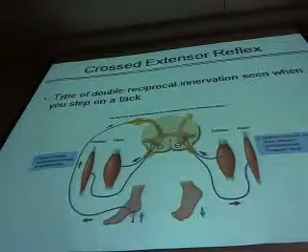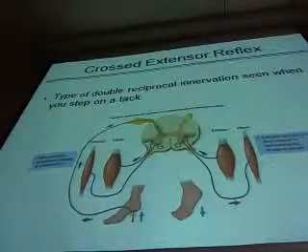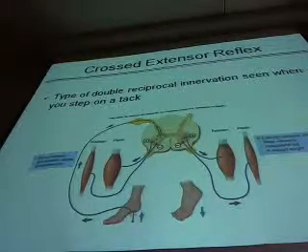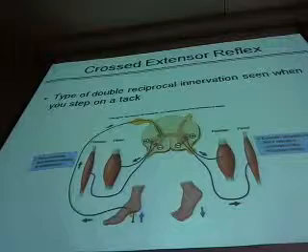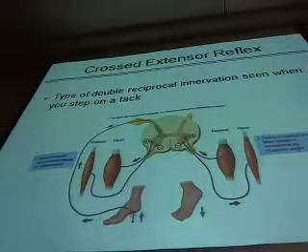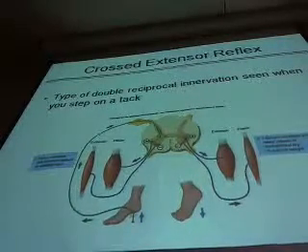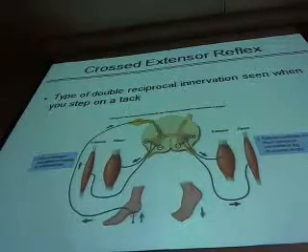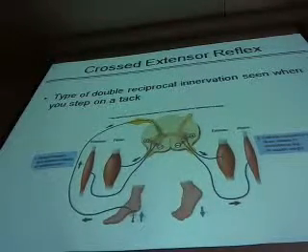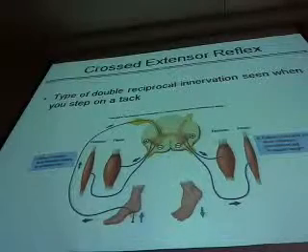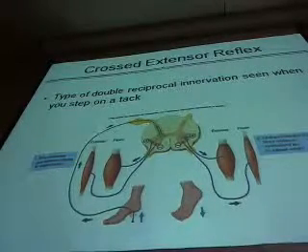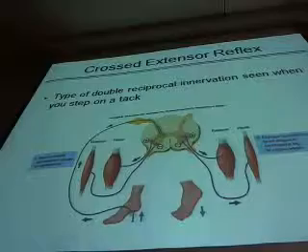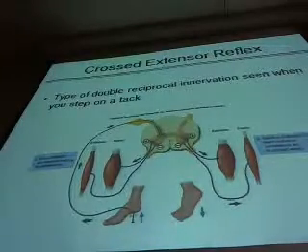Double reciprocal innervation: this is from the book, you step on a tack. The flexor contracts and the extensor relaxes to withdraw the foot. On the other foot, the contralateral side, the extensor contracts and the flexor relaxes to support the weight. This again is in your book. That's double reciprocal innervation.